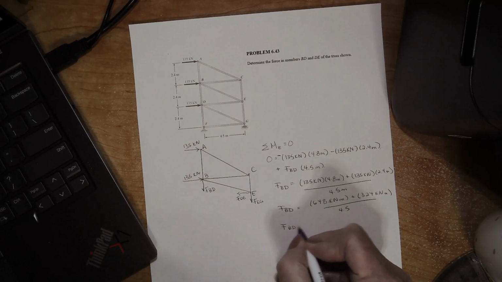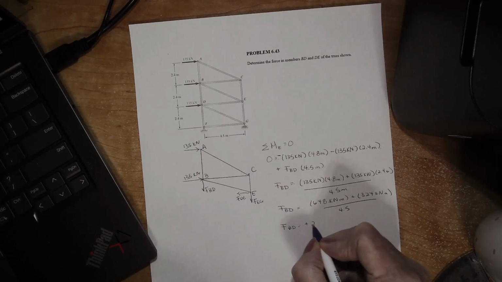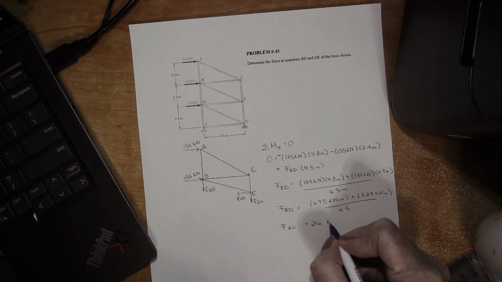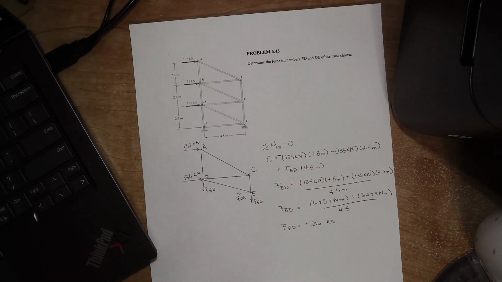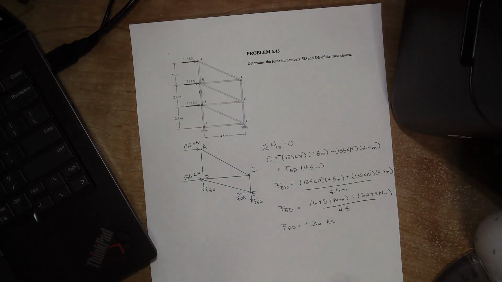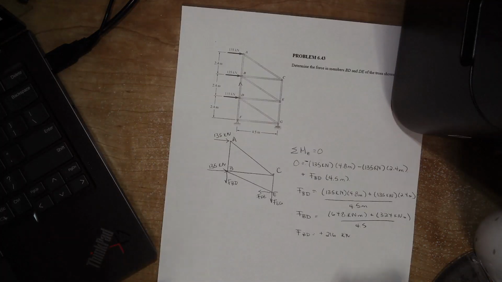F sub BD equals positive 216 kilonewtons. So BD, positive 216 kilonewtons. Okay, so we've solved for F sub BD.